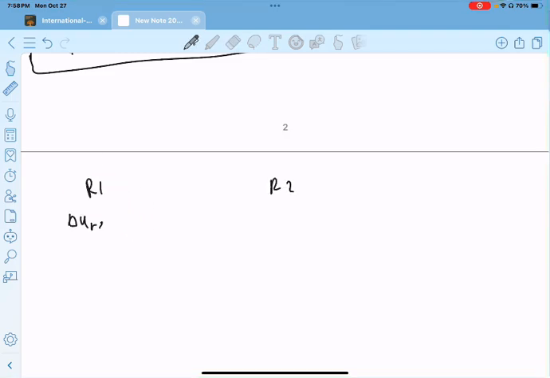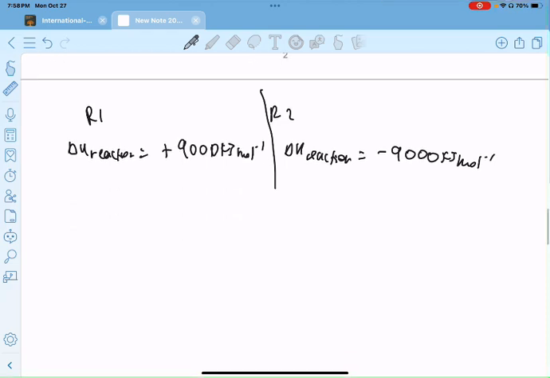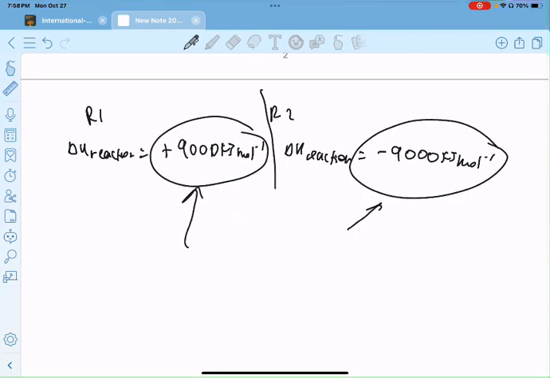Reaction 1 has an enthalpy of reaction of, let's say, plus 9,000 kilojoules per mole. Okay, that's very high, by the way. And let's say reaction 2 has an enthalpy of reaction of negative 9,000 kilojoules per mole.